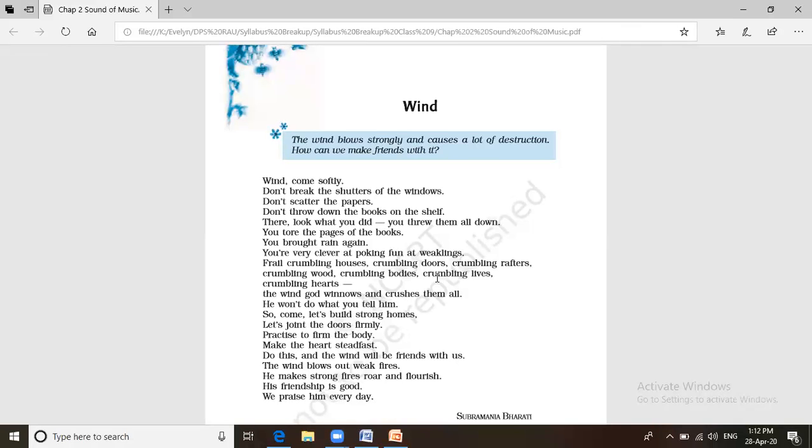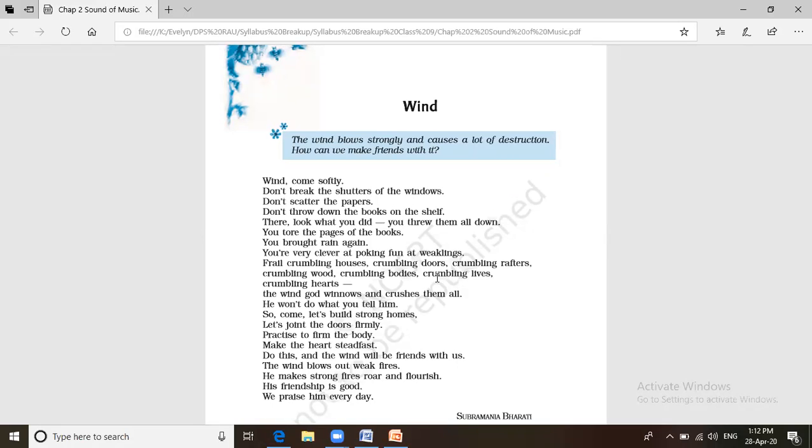And from something ordinary, like tearing the pages of the books, the wind can do something serious, bring about a change in the weather. It can bring rain. You brought rain again. So from here, the poet starts concentrating, bringing the attention to the major changes that the wind can bring about in our lives.